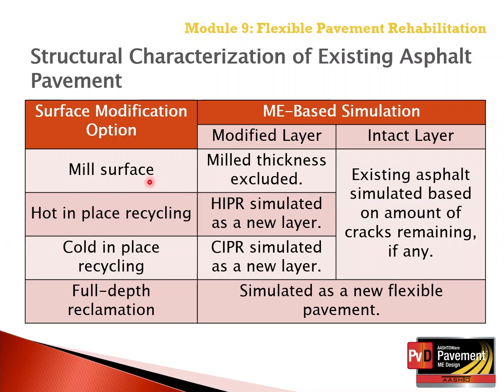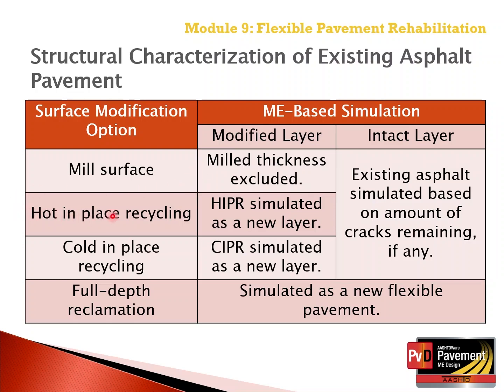Milling the surface, where that milled thickness is excluded from the modeled layer, is basically to remove surface distresses or distresses confined at the surface, and or to re-level the surface and provide a better bond to the proposed asphalt overlay.